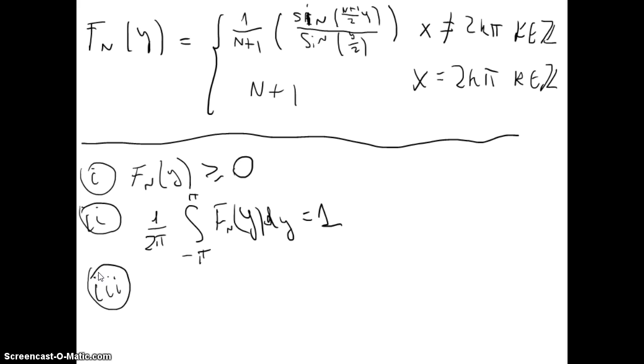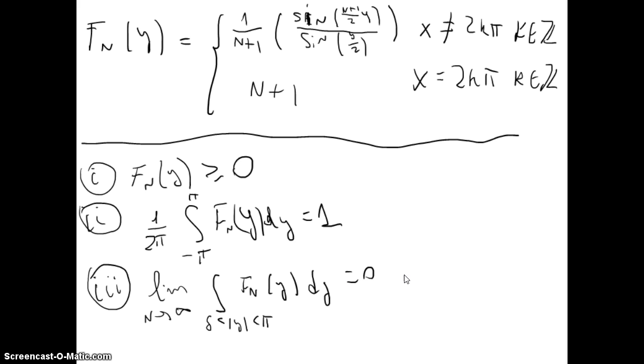A third property, the limit as n goes to infinity of the integral over delta less than or equal to absolute value of y less than or equal to pi of F_n(y) dy is equal to 0, and this is for delta positive.